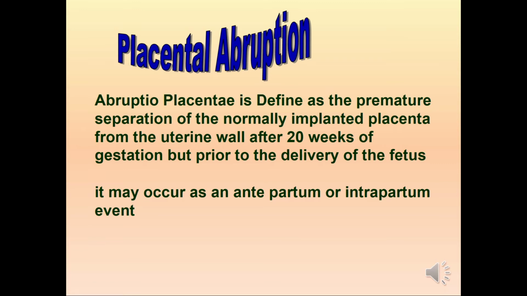Abruptio placentae is defined as premature separation of the normally implanted placenta from the uterine wall after 20 weeks of gestation but prior to the delivery of the fetus. It may occur as an antepartum or intrapartum event, either antepartum, let's say before delivery, or intrapartum, during delivery.